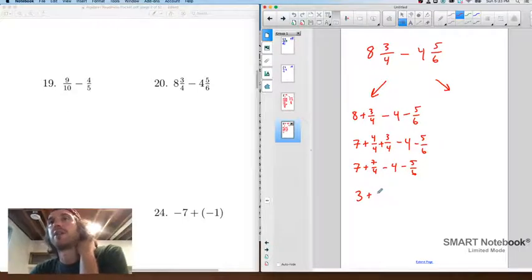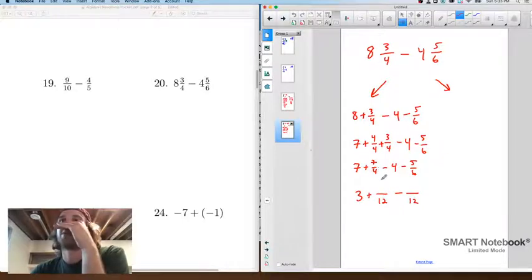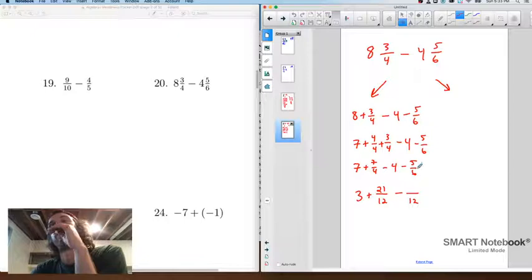Now we need a common denominator, or the least common multiple of 4 and 6, and that is 12. Okay, so this fraction is going to be 7/4. 4 times 3 is 12, so the top times 3 is 21. And then 6 times 2 is 12, so we're subtracting 10.